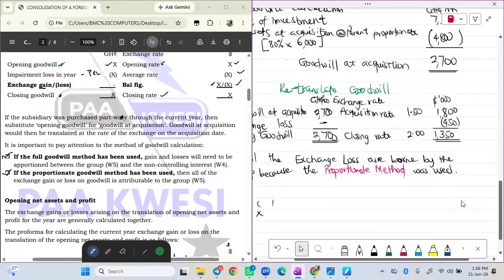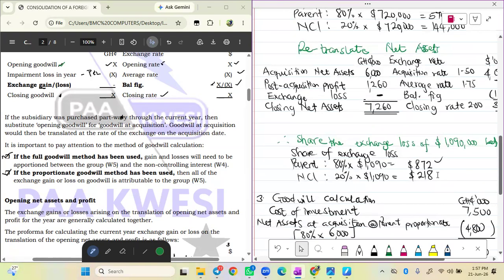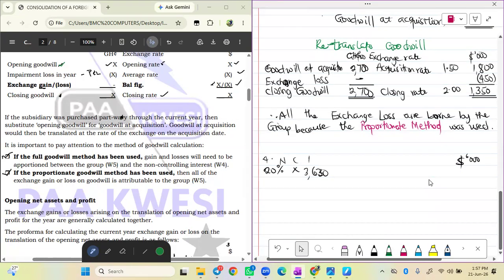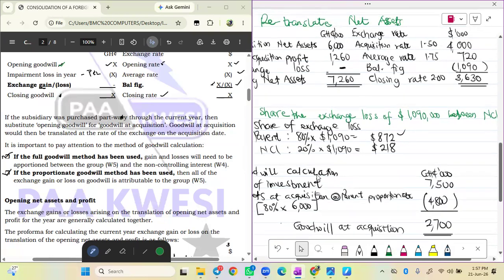So the moment you multiply 3630, which is in dollars, by the NCI percentage, whatever answer you get will include this 218 already. All right. So when you are finding the NCI of this subsidiary, just multiply the NCI percentage by the net asset at reporting.